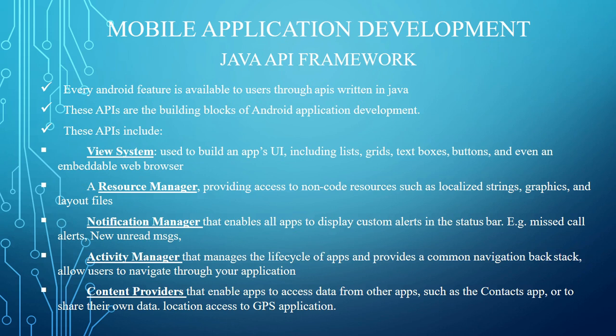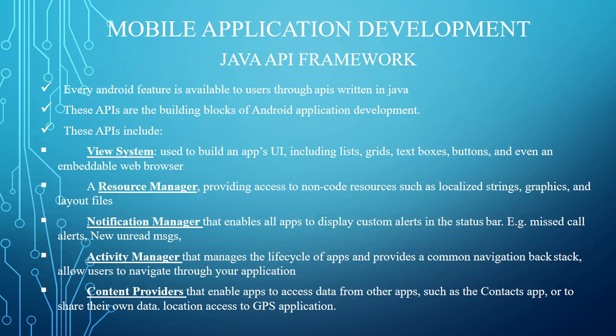The view class will give us access to lists, grids, text boxes, buttons, and some embeddable web browsers. Resource Manager for providing access to non-code resources such as localized strings, graphics, and layout files. We have Notification Manager, Activity Manager, Content Providers. Content Providers allow applications to share data.